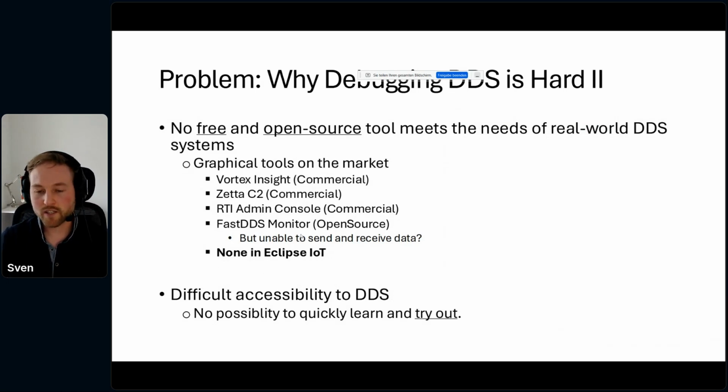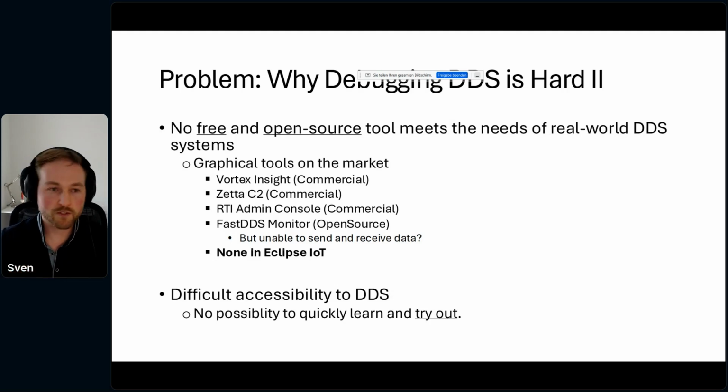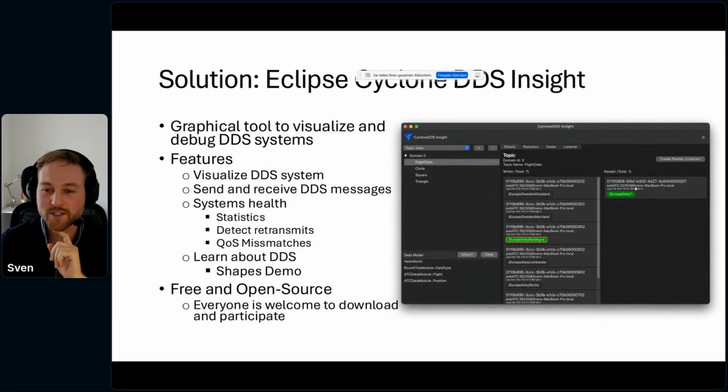It's not like you download a browser, open the browser, and go. It's not 10 minutes, you sit there a few hours to get everything to work. So I wanted a tool which I can just use like a browser: download, open, and go. So there is the solution, of course, the one it's about today.